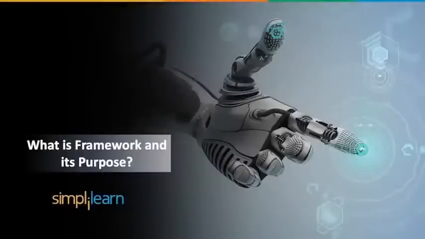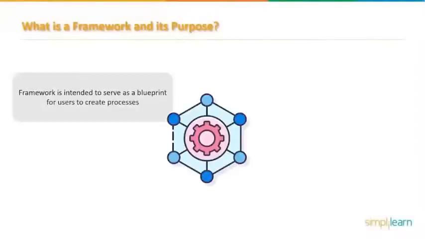What is framework and its purpose? The framework is intended to serve as a blueprint for users to create processes that provide at a bare minimum a way to store, interpret, and easily change project configuration data, as well as robot exception handling scheme and event logging for all exceptions and related transaction information.